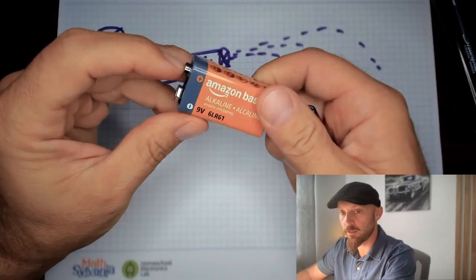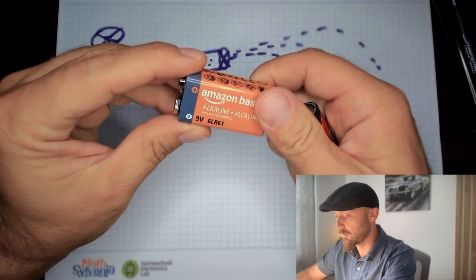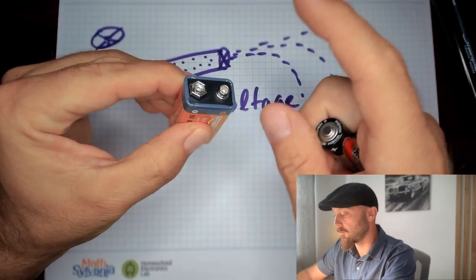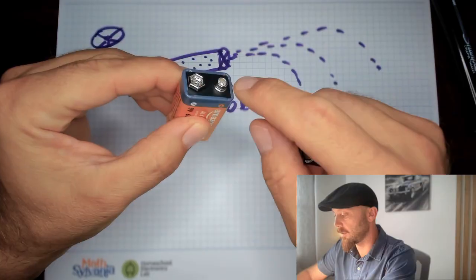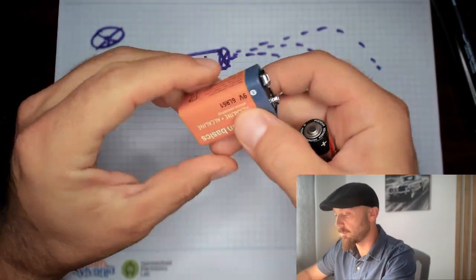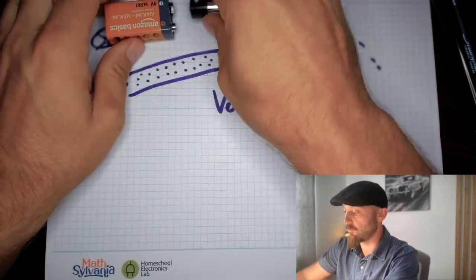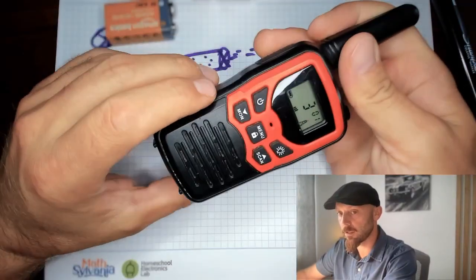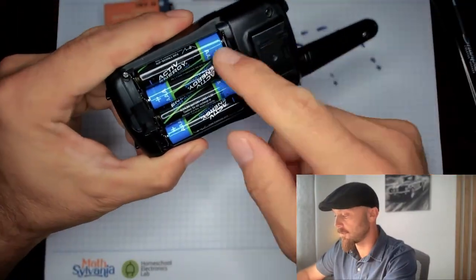This is what we mean by voltage. Even though the current is not flowing yet because I haven't connected anything to it, the pressure is still there. This is voltage. As soon as I put the batteries into an equipment like this, then the current starts flowing.